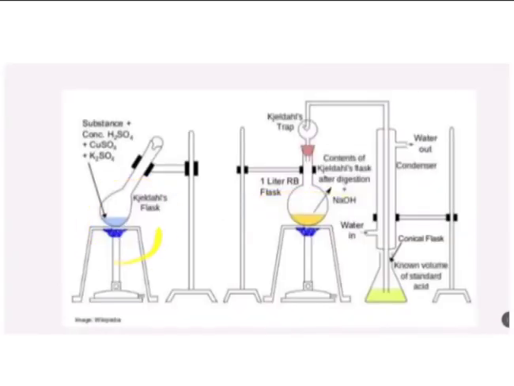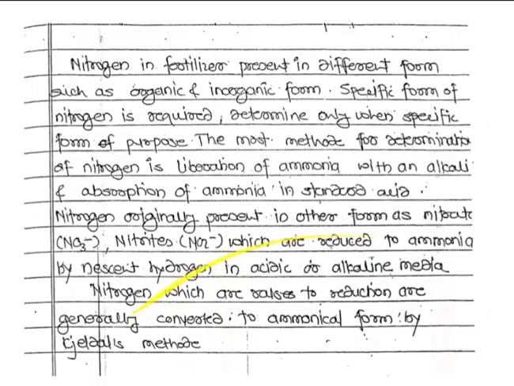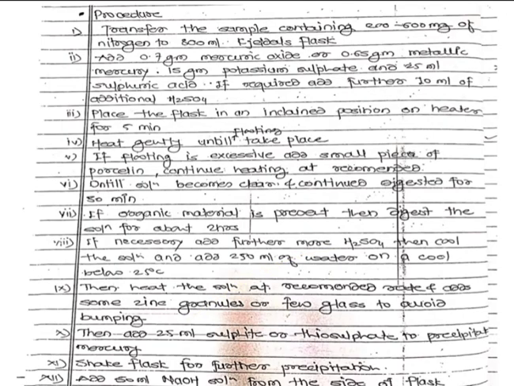Here we have to transfer the fertilizer into the Kjeldahl flask. Then we have to add 0.7 gram of mercuric oxide or 0.65 gram of metallic mercury, and 15 gram potassium sulfate and 25 ml of sulfuric acid. If required, add a further 10 ml of additional H2SO4.